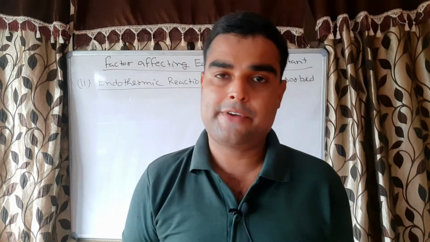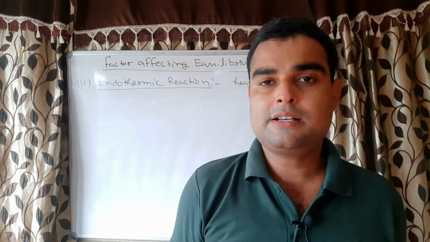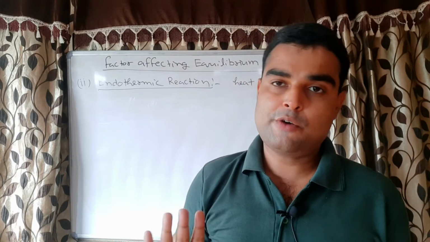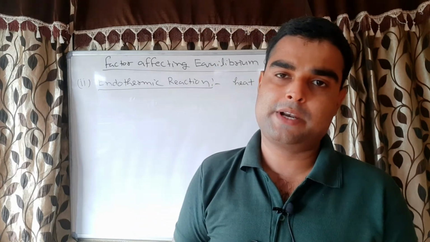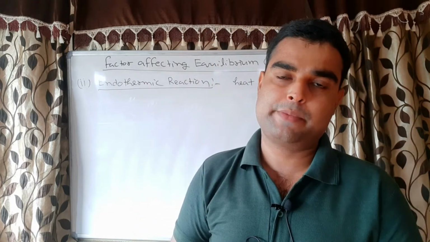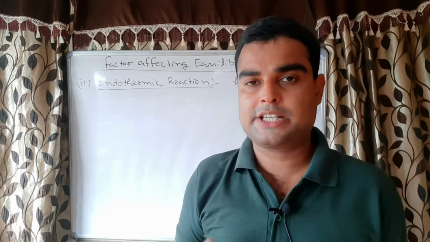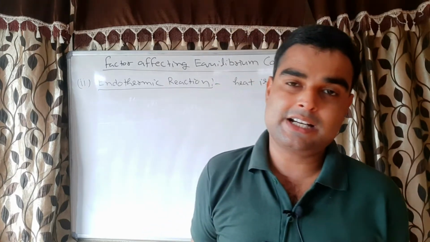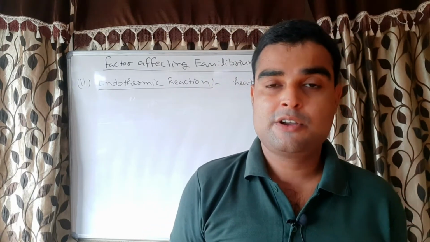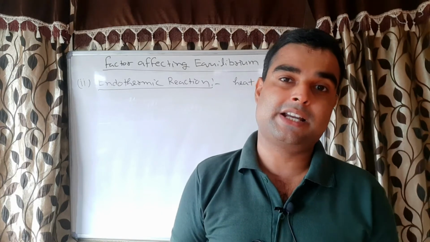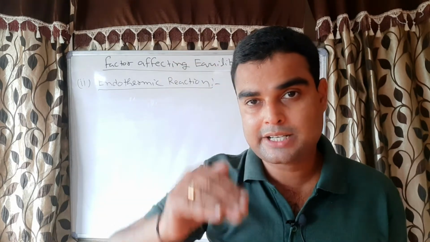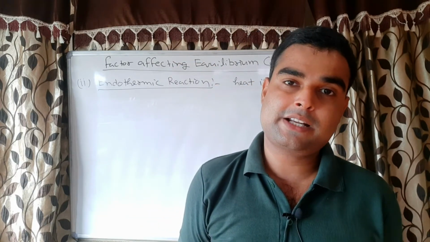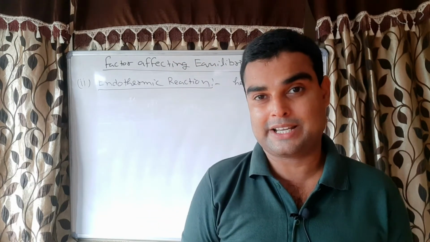Now we will see the effect of temperature in endothermic reaction. Now we are increasing the temperature in the same way what I have explained you in case of exothermic reaction. Increasing the temperature means providing the heat. Providing the heat means increasing the heat. So as per the Le Chatelier principle, heat should decrease down. How will heat decrease down? By absorbing the heat, correct?